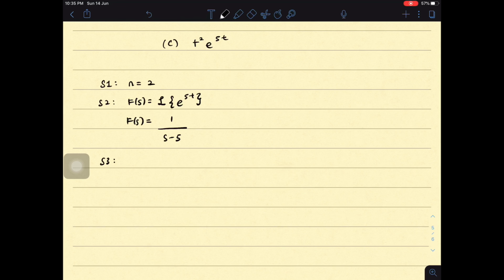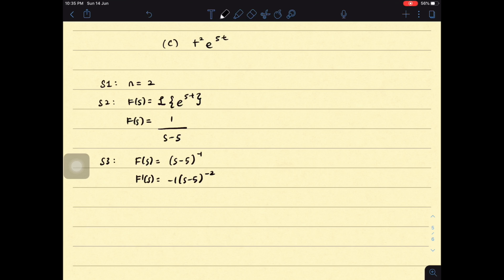Here n is equal to 2, which means we need to find the derivative of F(s) two times, the second derivative of F(s). Let F(s) equal (s minus 5) to the power of negative 1. I bring the denominator up to the numerator. Therefore, the first derivative of F(s) is negative 1 times (s minus 5) to the power of negative 2.